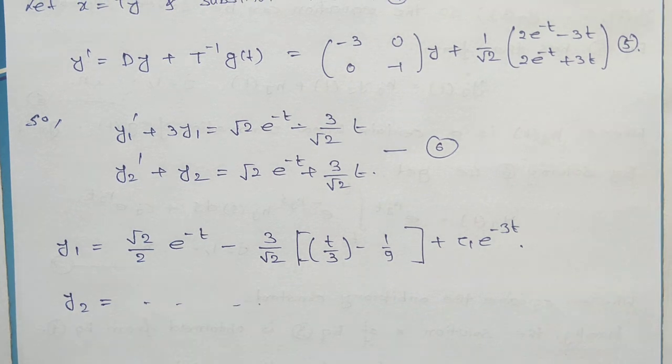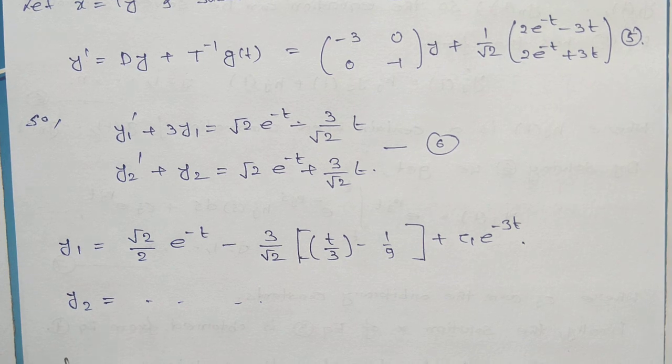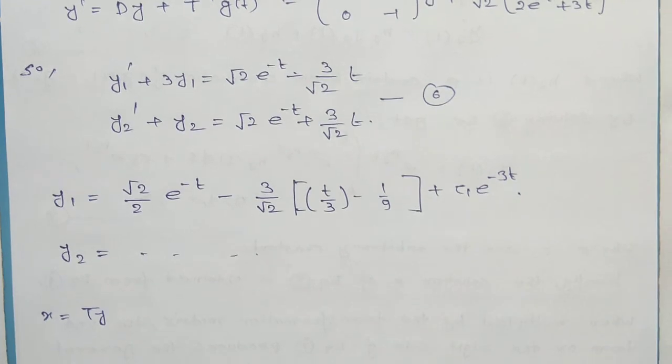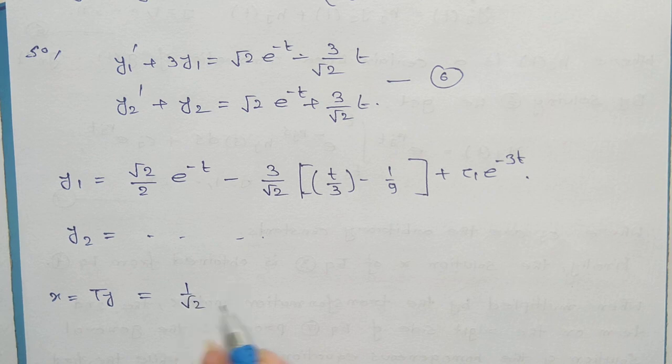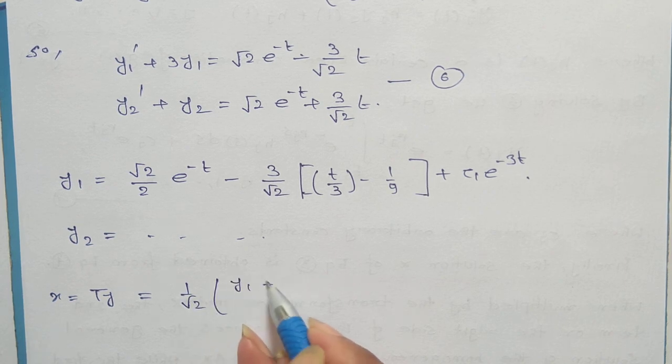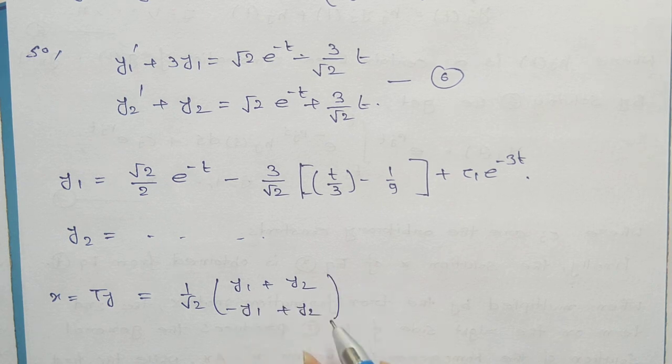So our solution will be x equals T of y, and that equals 1 by root 2 times (y1 plus y2, minus y1 plus y2).